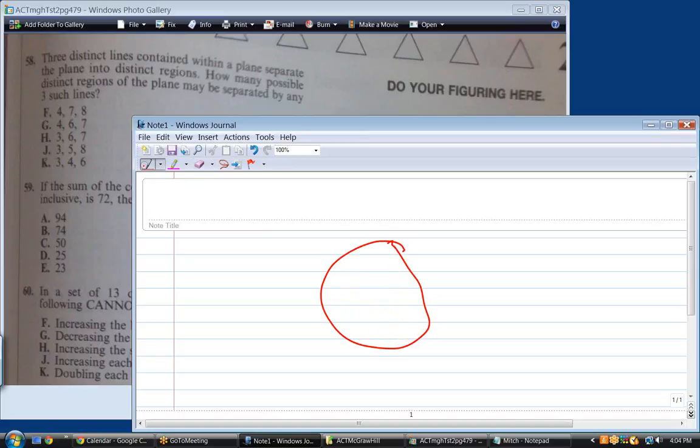And can I get 8? Seems like we should be able to get 8. Let's see. That gives us 4. Notice they didn't say straight line, but they mean straight. If it's curved, it's not called a line.